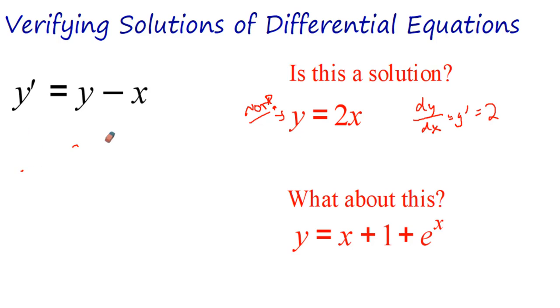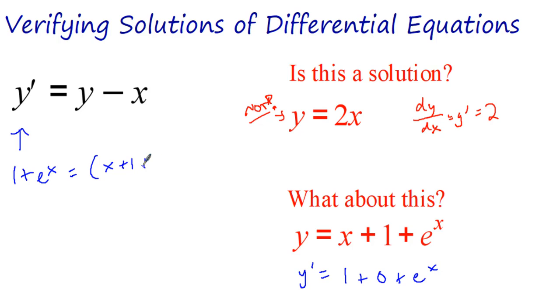So let's try another one. Let's try this guy right here. We're going to do y prime equals 1 plus 0 plus e to the x. So y prime is 1 plus e to the x. Let's see if this works. It says y. What is y? y is x plus 1 plus e to the x minus x.